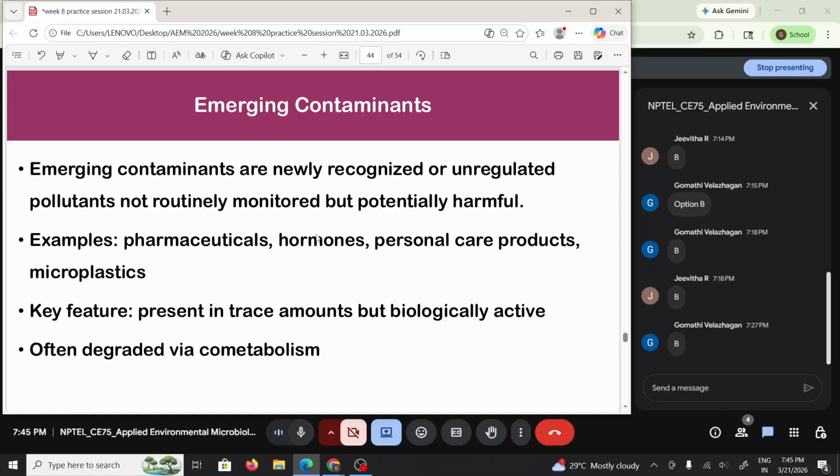Examples include pharmaceuticals, hormones, personal care products and microplastics. These are biologically not very active and are present in trace amounts, and they can also be degraded by co-metabolism.